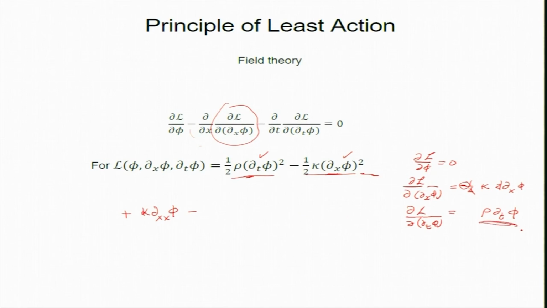Rho, the density, is constant, so we get rho times the double derivative of phi in time, which is 0. So, this is the equation of motion for a string. That is the equation. And of course, we know the solution, it is sin of kx minus omega t and like that.